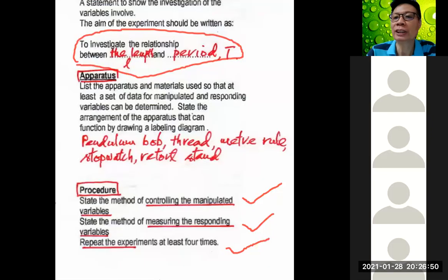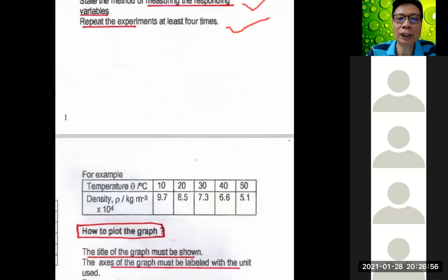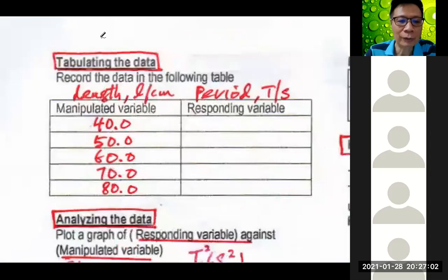Okay, next one is tabulation of data. Collect data into a table. You need to put a lot of things inside the table. The format is on the left must be the MV, manipulated variable. On the right must be the RV, responding variable.